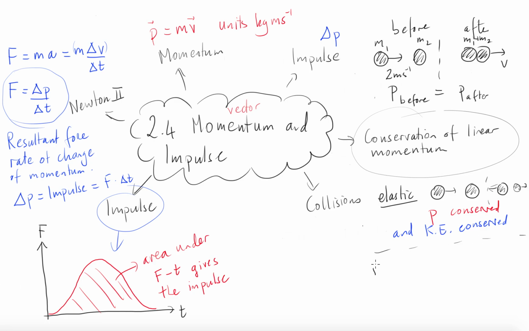However, in an inelastic collision, which is often the case when two bodies collide and then merge and move away as one body afterwards, momentum is conserved because momentum is conserved in all types of collisions, but kinetic energy is not conserved.